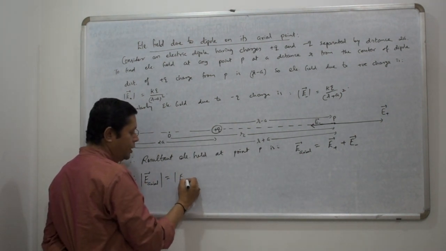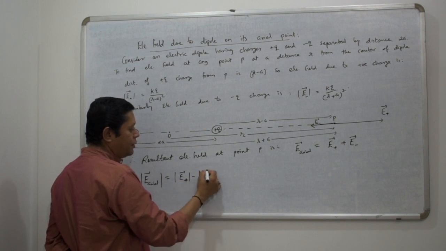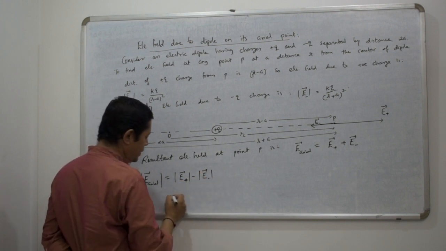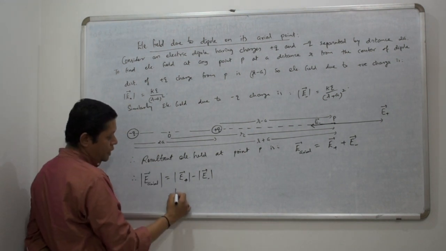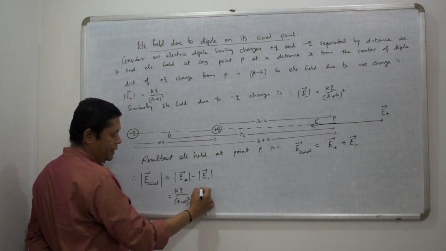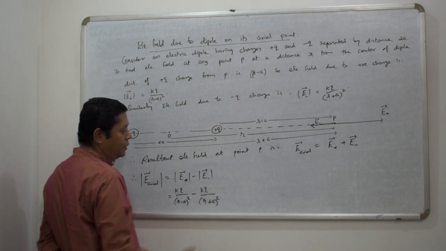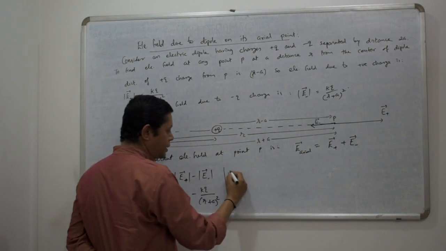So the magnitude of E plus minus the magnitude of E minus, that is kq upon (r minus a) square minus kq upon (r plus a) square.